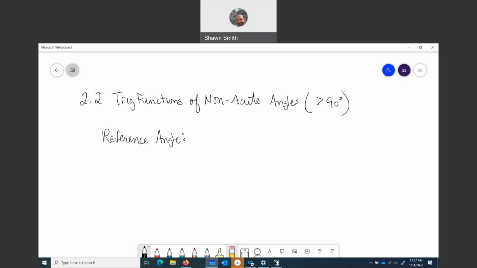So what is a reference angle? All right, it is a positive acute angle made with the x-axis and terminal side of an angle theta.